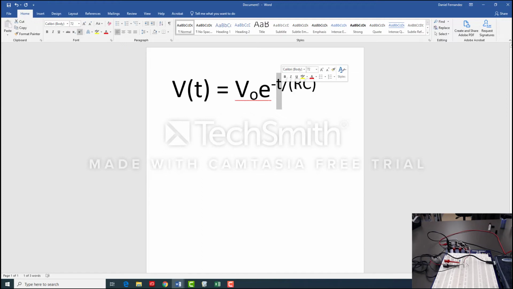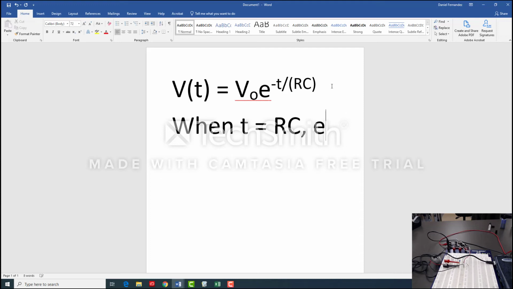When the time t is equal to R times C, when this seconds equals this seconds, then the term to the right of the V0, e to the minus t over RC, is going to equal, when t equals RC, e to the minus 1.